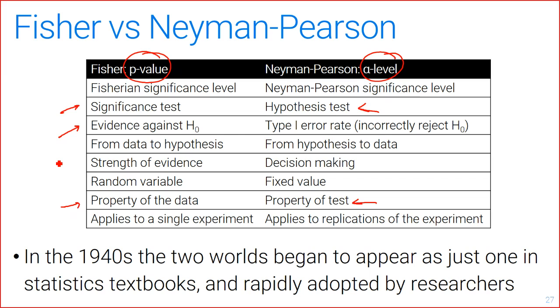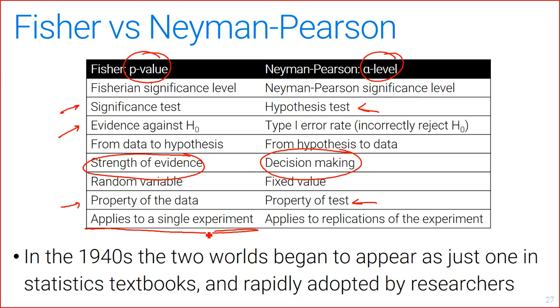In the Fisherian philosophy, we kind of go for the strength of evidence. We take the p-value as the strength of evidence against a certain null hypothesis. And in the case of Neyman-Pearson, this is more focused towards decision making. So do you reject or not reject the alternative hypothesis? You go in one direction or the other. That's it. It's a binary decision process. And the thing about Fisher is that the p-value applies to a single experiment.